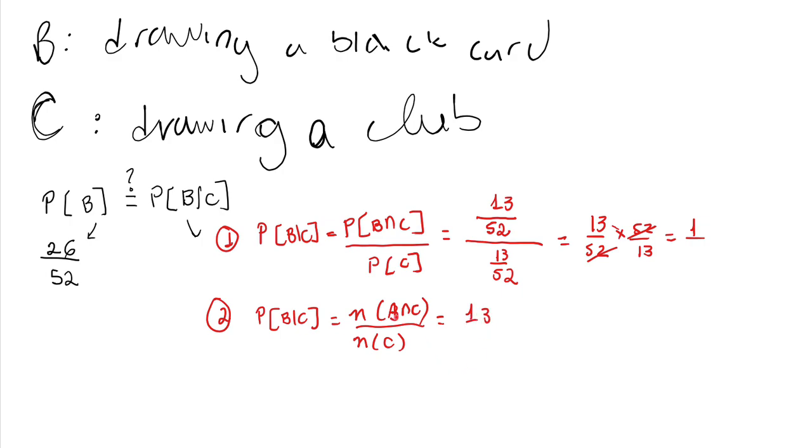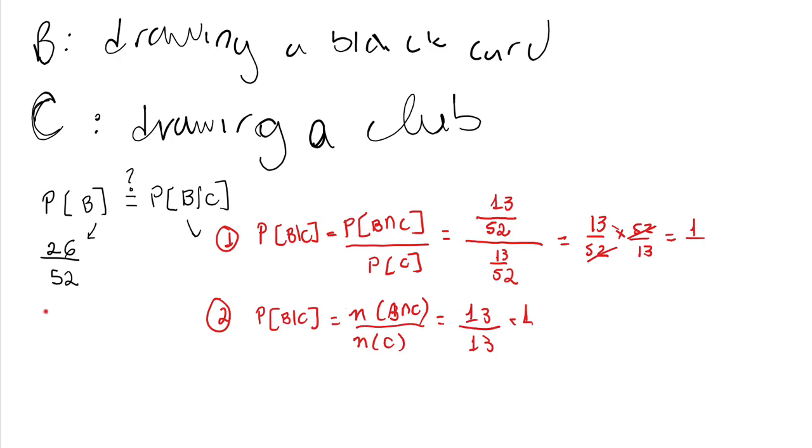There are 13 black cards that are clubs. And what's the probability of having a clubs? What are the number of cards with the suit of clubs? Well, there are 13. So you will get to the answer anyways, reasoning from the formula or reasoning from the kind of equiprobable sample space simplification.